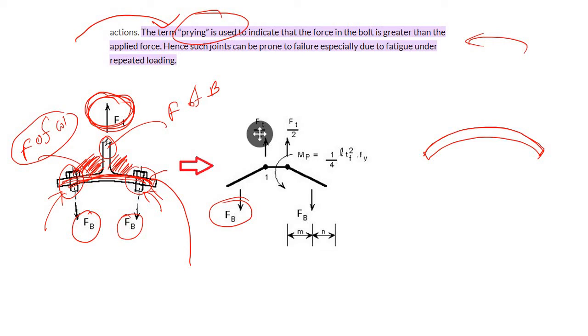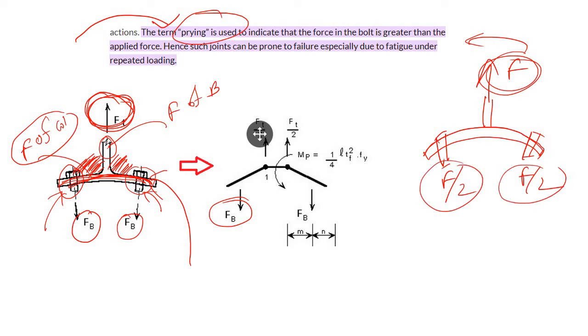As a result, these bolts simply act like a single bolt, and if this is the force F, the reaction forces are F by 2 and F by 2. There is no problem, because in this case there is no excessive deformation. That is why the externally applied load and the internal reactions are equal and your connection is safe.